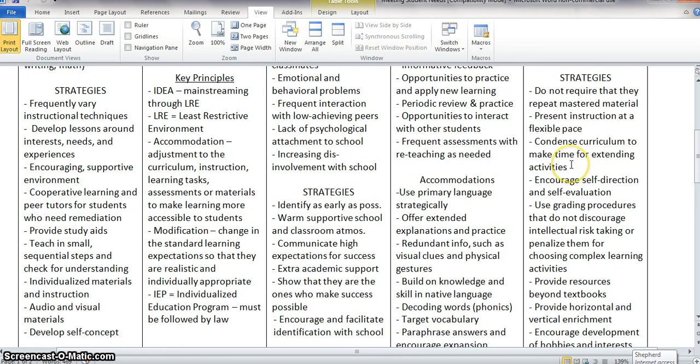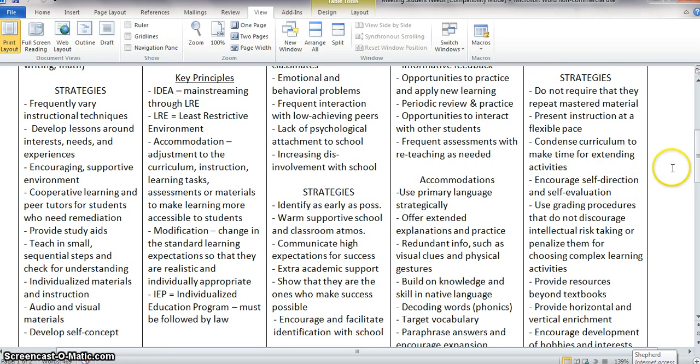So what we would do then, if they can prove to us that they have achieved mastery and already know what we're teaching, then we can condense the curriculum into the very basics they need to prove, or maybe a couple of things that they need to learn, and then we provide extra time. That extra time that they earn can be used for extending opportunities, for doing deeper things instead of the regular work that you would give them. Do something that they are interested in, something that's much more deeper and higher level and allows them to explore.